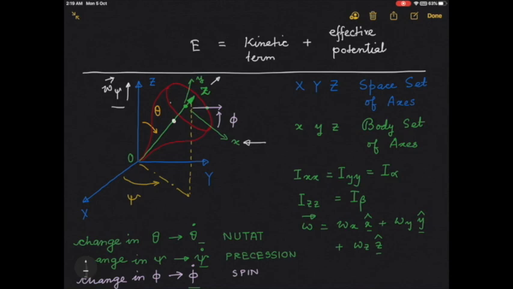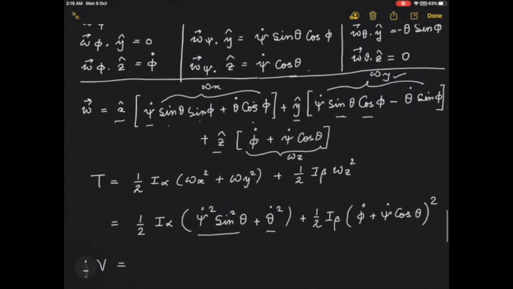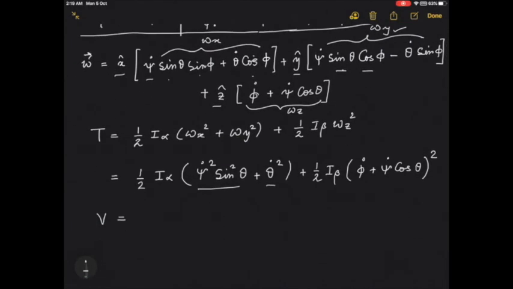If I consider the distance to the center of mass to be L, which is this distance, and the mass of this object is M, then the potential energy is simply M g L cos theta. I had written a small m, so let me change this to capital M.